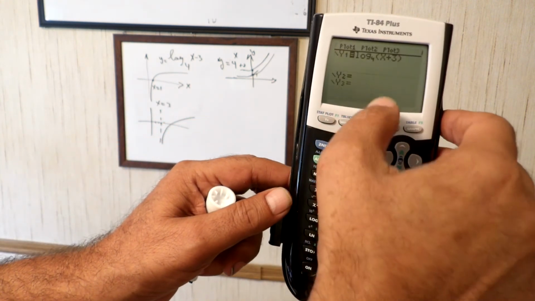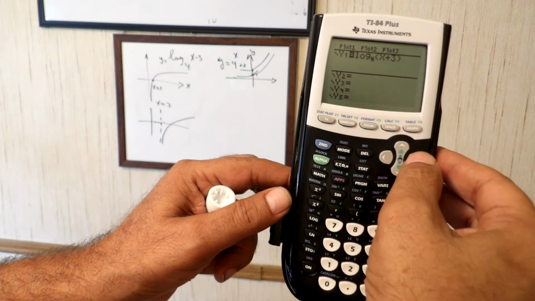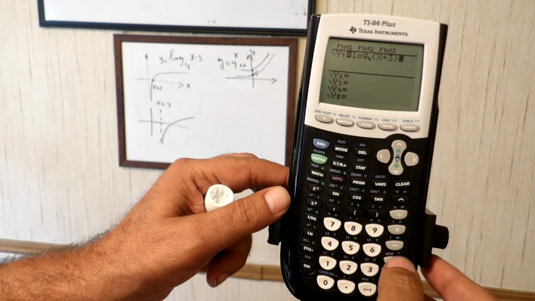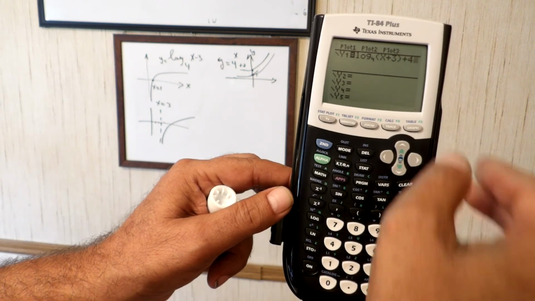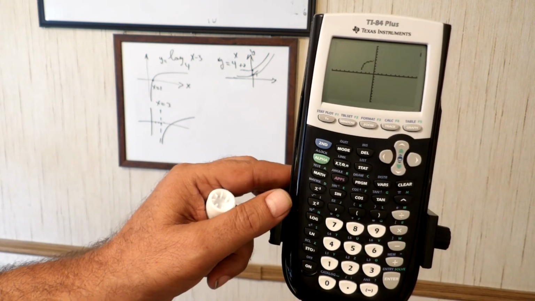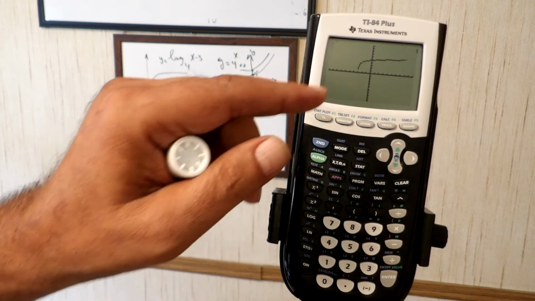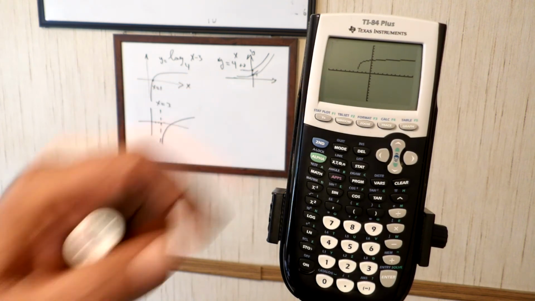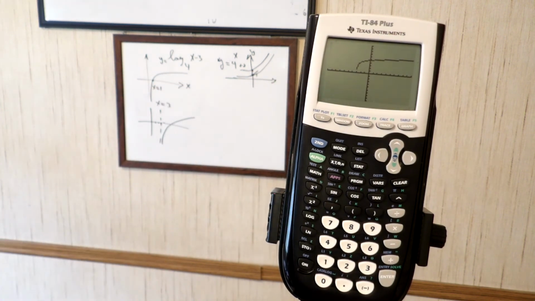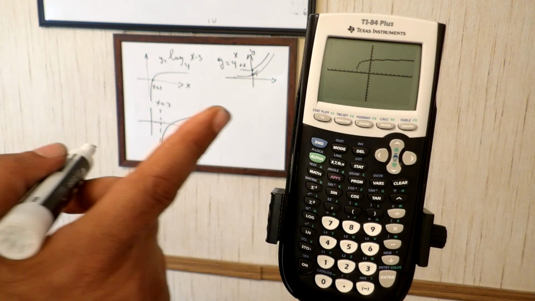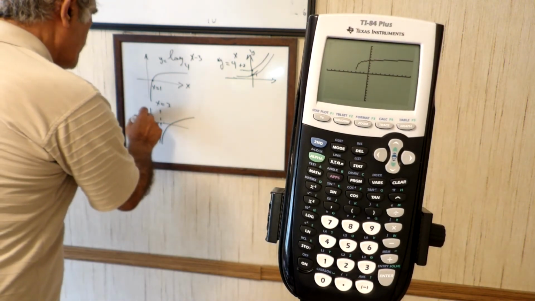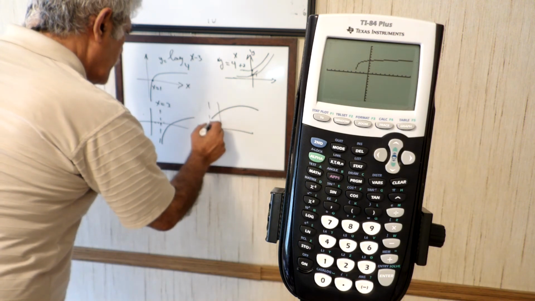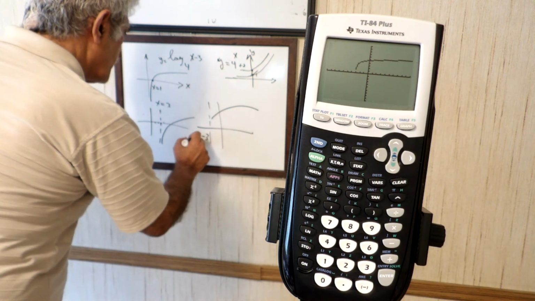How about we add another example, plus 4, and then graph it. See what's going to happen. This is going to be at x equal to minus 3.